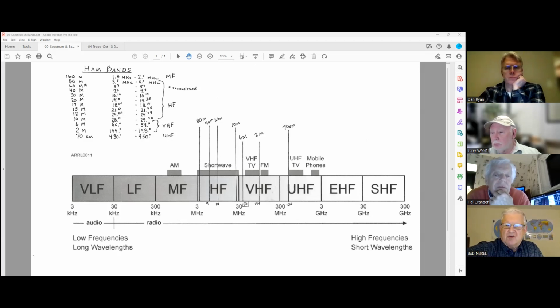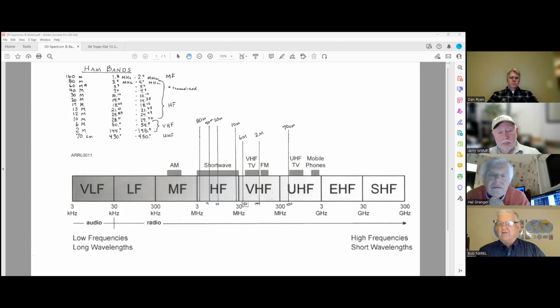I've marked the 2-meter band at 144 megahertz, which is close to the middle between 30 and 300. The FM band is actually to the left of that, because FM radio goes from about 87 megahertz up to 106 megahertz. So it should be to the left of that. So those are the 3 you should know.